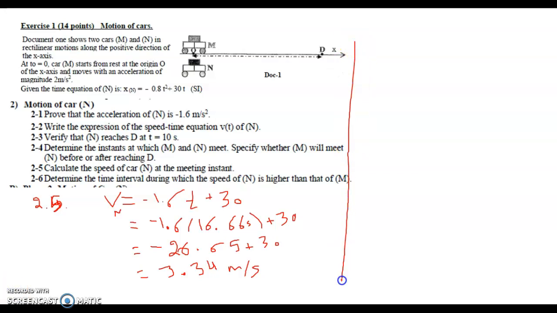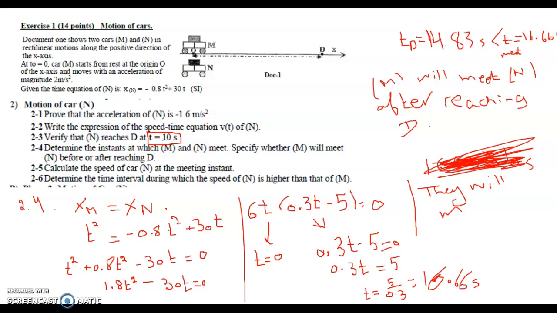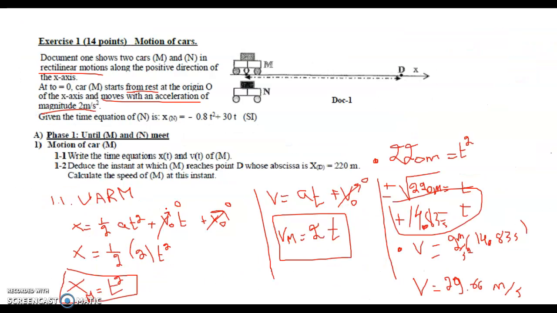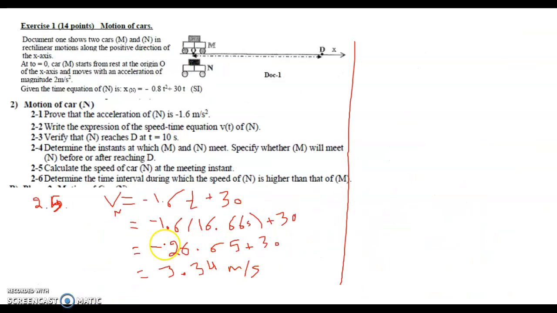This means that we have to work with the speed-time equations. V of N is minus 1.6 t plus 30, while for V of M, we go back to the part about V of M, we found that the speed-time equation for M is V of M equal to 2t.